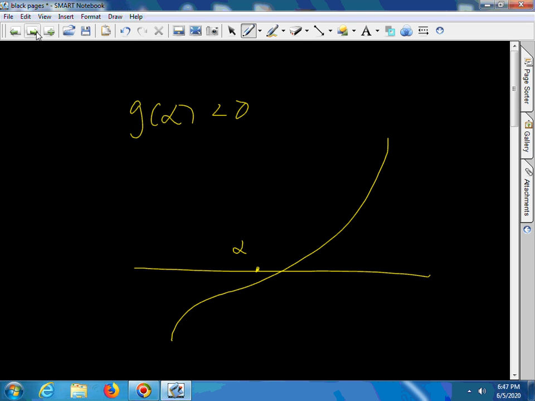And let me move this over. I can put a neighborhood around alpha.